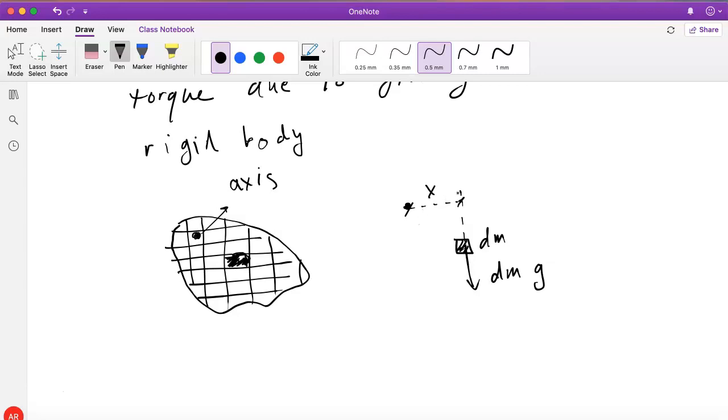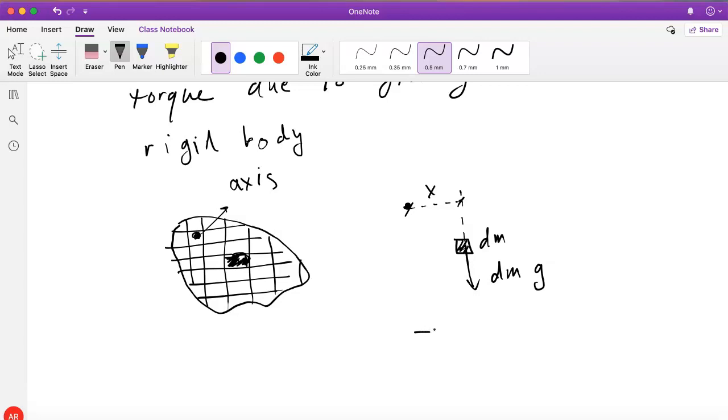If x is positive, it wants to rotate clockwise, so maybe that's minus, if we're careful about the sign.